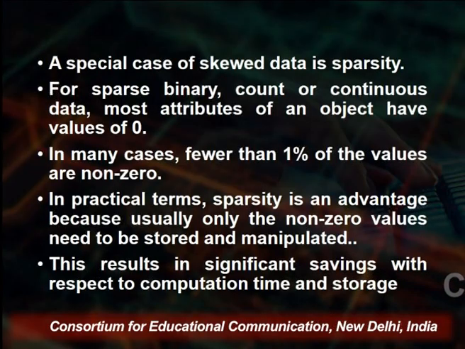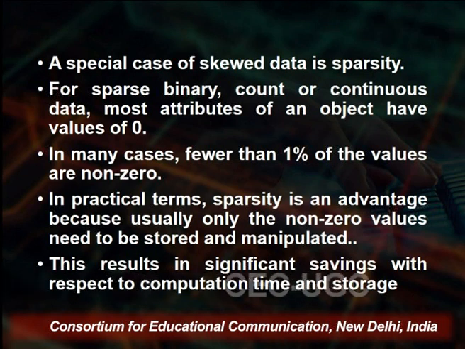Another case of skewed data is sparsity. For sparse binary, count or continuous data, most attributes of an object will have values of 0. When we were discussing asymmetric data, we found that we are interested in the values which are non-zero. If we have fewer than 1% non-zero values, then it is known as sparse data.